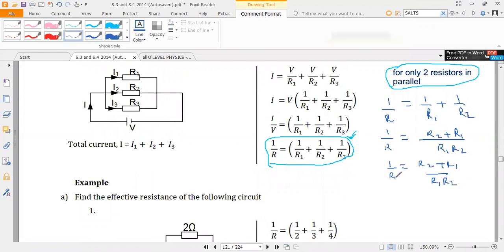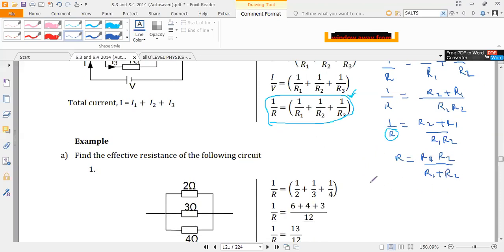If we make R, I mean this R, the subject of the formula, we end up having R equals R1 R2 divided by R1 plus R2.